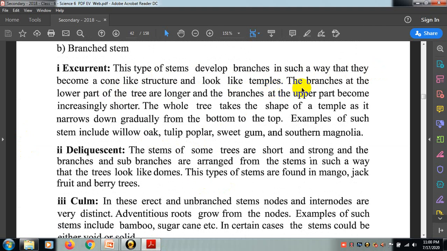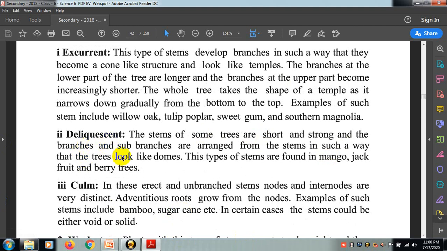I already told, the branches at the lower part of the tree are longer and the branches of the upper part become increasingly shorter. The whole tree takes the shape of a temple as it narrows down gradually from the bottom to the top. Examples of such stems include willow, oak, tulip, poplar, sweet gum and southern magnolia. Okay.